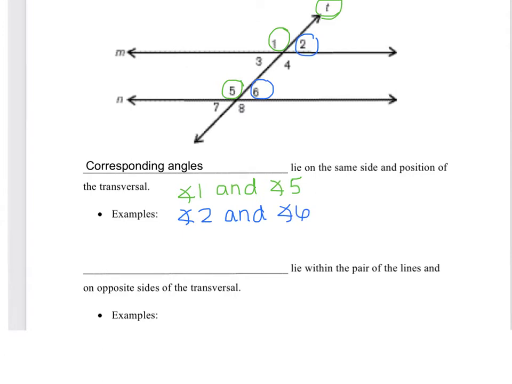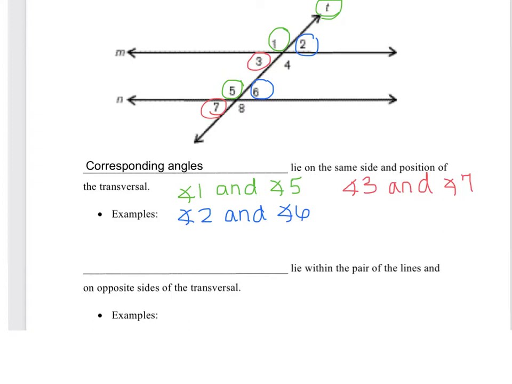Let's look at our next set of corresponding angles. Let's look at angle 3. Angle 3 is the bottom left-hand corner of line M. And where do we see the bottom left-hand corner of line N? That would be angle 7. Therefore, angle 3 and angle 7 are corresponding. Therefore, they are congruent to each other.